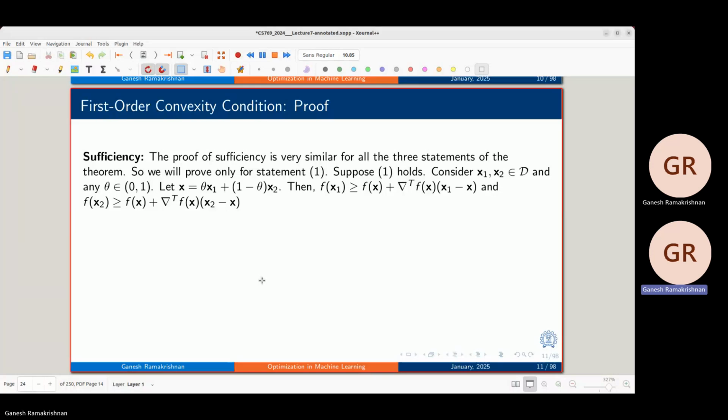What is x1 minus x? x1 minus theta x1 minus 1 minus theta x2. You see the trick? It's just about choosing the right x1, x2, and theta, with x as a function of x1 and x2. So x1 minus x will become 1 minus theta times x1 minus x2.